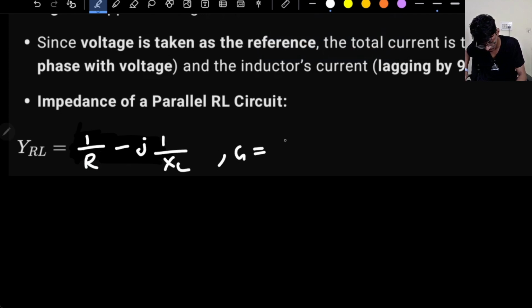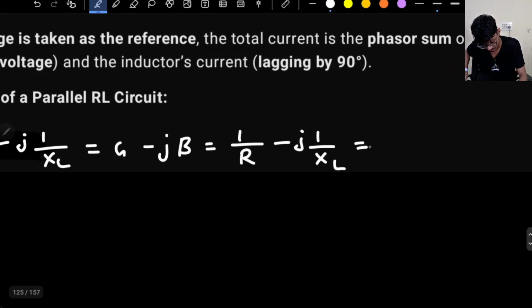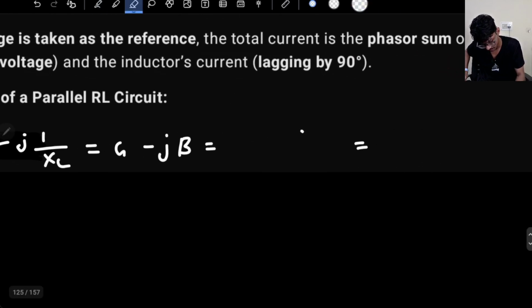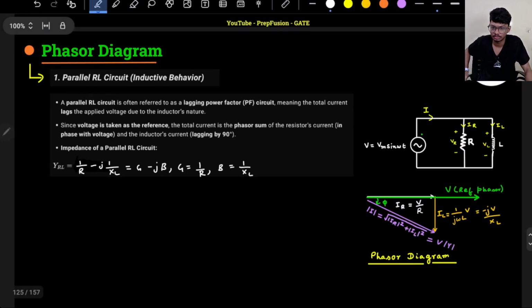From here your G will be 1 by R, which I can further write as G minus jB, which equals 1 by R minus j 1 by XL. I have already written it, right? So here my G equals 1 by R, and my B equals 1 by XL. That's basically the total summary.